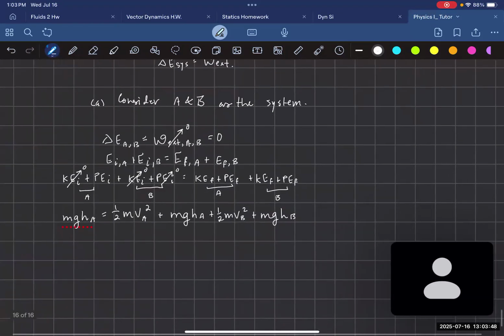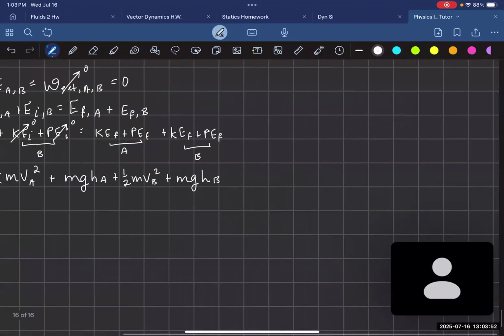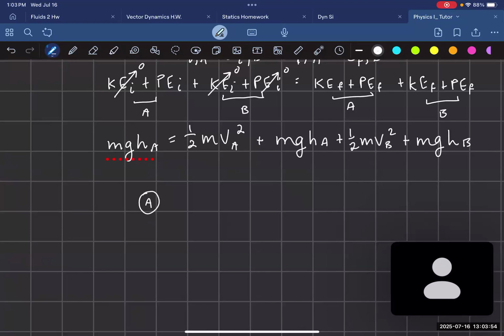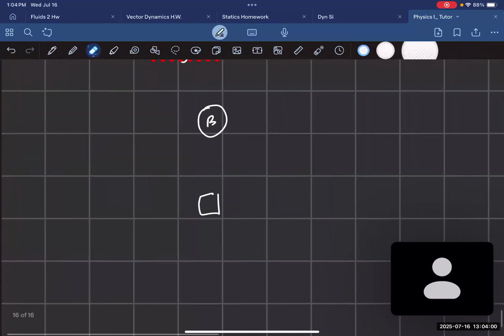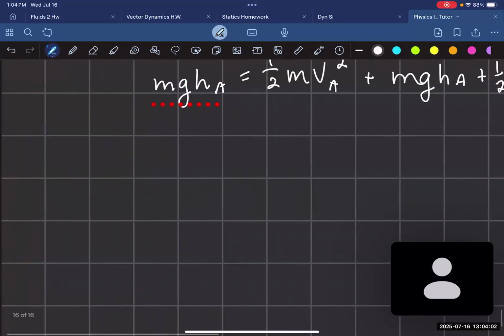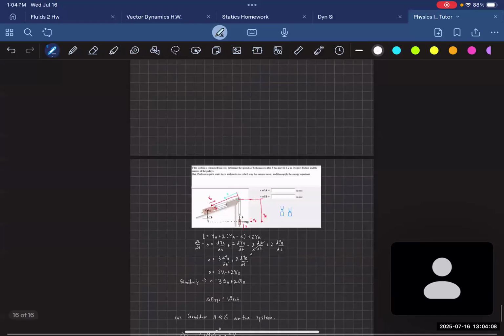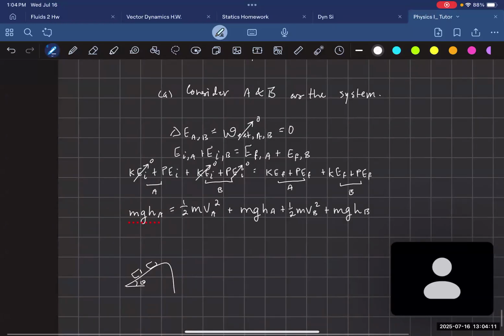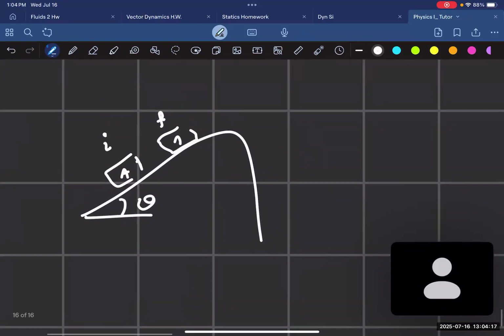Now let's focus on B first. Let's draw the hill. This is an angle theta. This is your box A. This is A, this is A, this is the final position, this is the initial position.